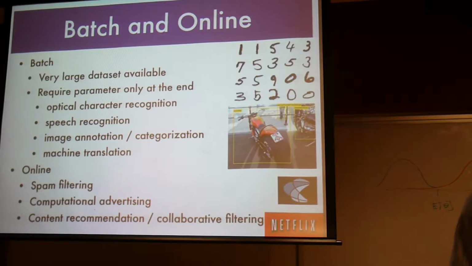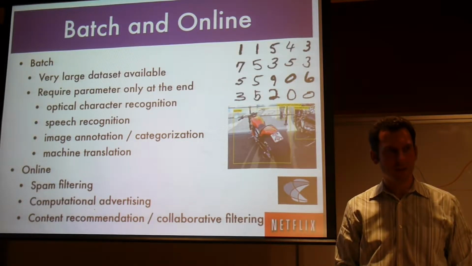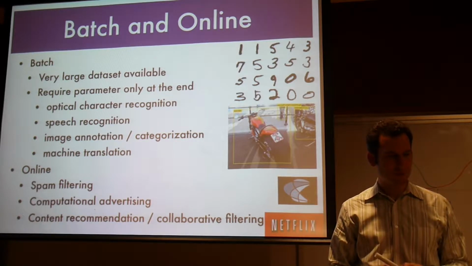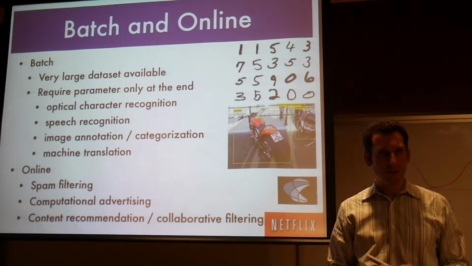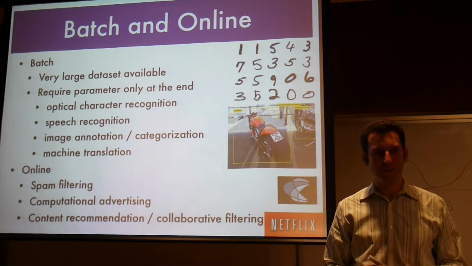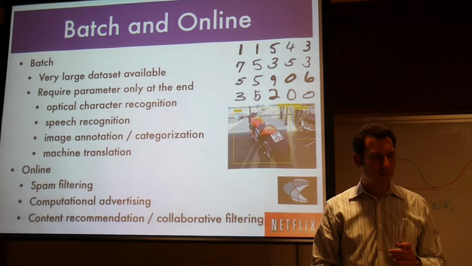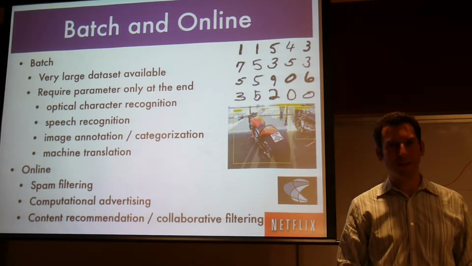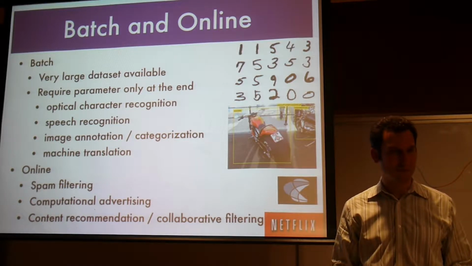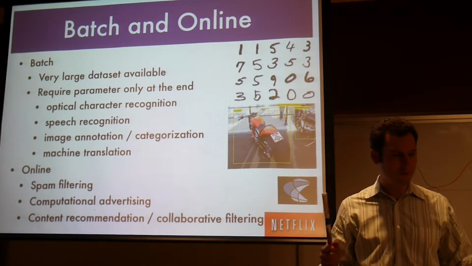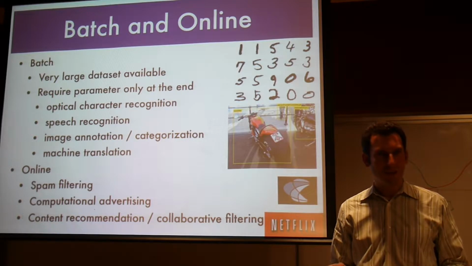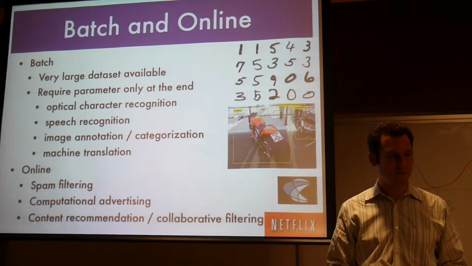Now, an interesting distinction that quite often occurs is batch versus online. Now, this is more a practical thing than a conceptual one. In batch settings, we typically have a very large data set available, which we received in whatever way, and we want to get some reasonable parameter.